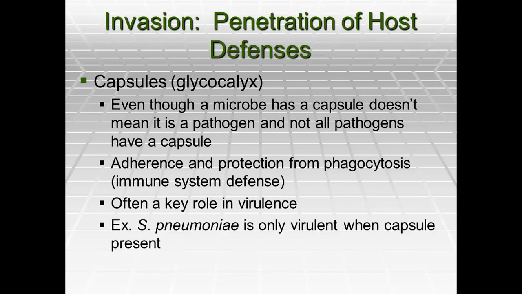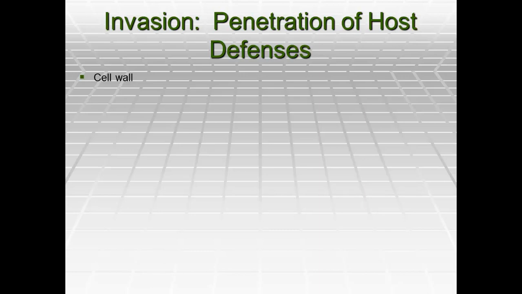Example, Streptococcus pneumoniae is only virulent when the capsule is present. And when did we see this? If you said the Frederick Griffith experiment, you are correct. The cell wall. Some bacteria have cell walls that contribute to virulence.